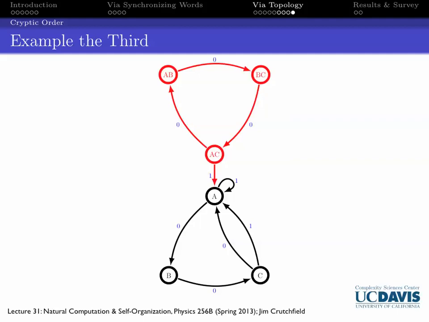Now this is a disconnected component. We get rid of it entirely, and we're left with what's on the screen there. So we went from a very small transient structure to a larger one when we're calculating the cryptic order. But as you can see, it's also infinite, because we can cycle through these 3 states as much as we want.